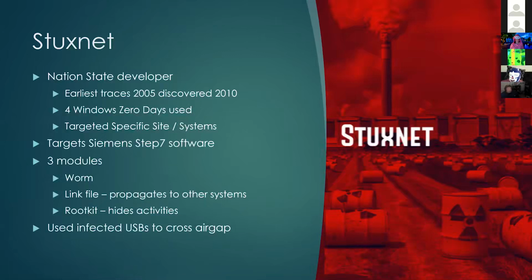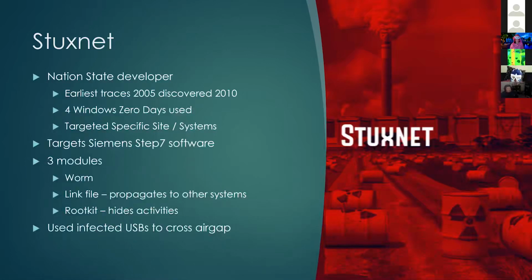It got discovered in 2010 because even though they tried to very specifically target it to a specific site in Iran and to specific hardware running specific software and targeting specific variable frequency drives, it turns out that Siemens hard codes IP addresses, and so everywhere that malware got introduced, instead of deleting itself like it should have, it spread. Fortunately, it didn't do any damage anywhere but Iran. But if it had not been as tightly coded as it was, it could have.